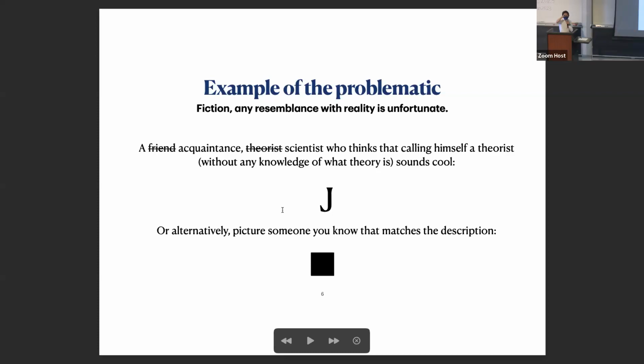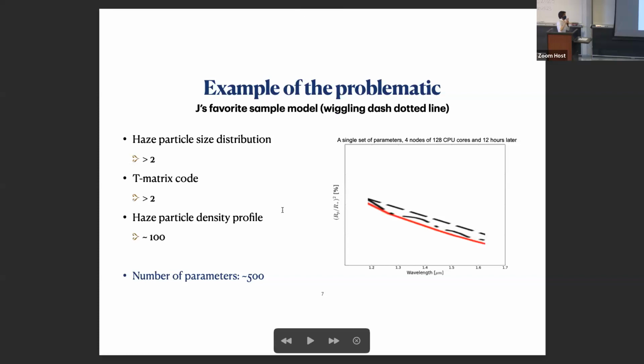He comes to my office and says, you have this haze model, and you've been doing it all wrong. Instead of taking one size for all your haze particles, you're going to use a haze particle size distribution, which is actually a very good idea.